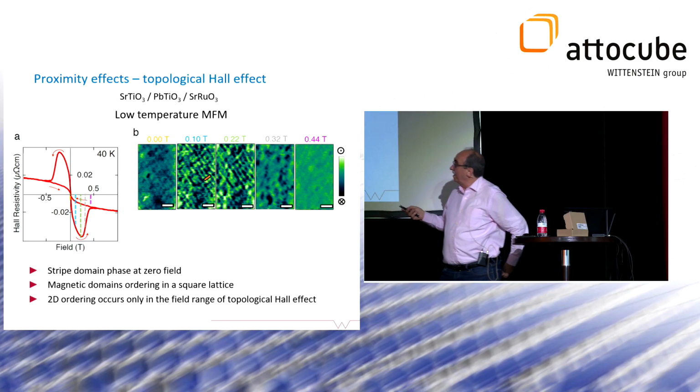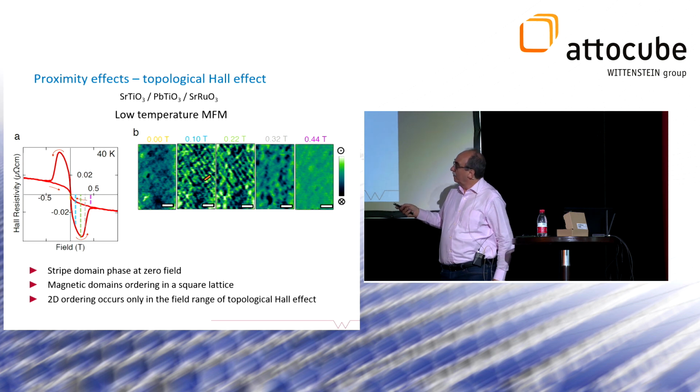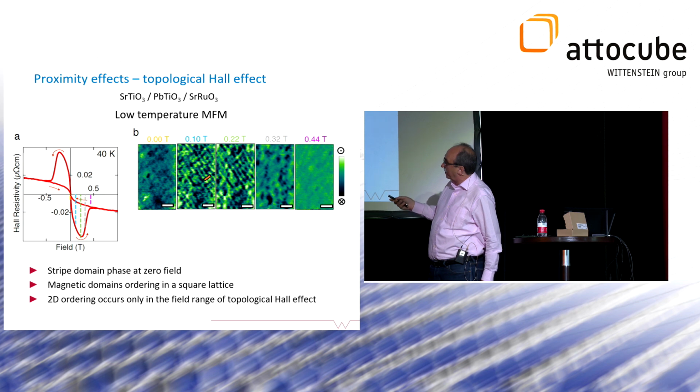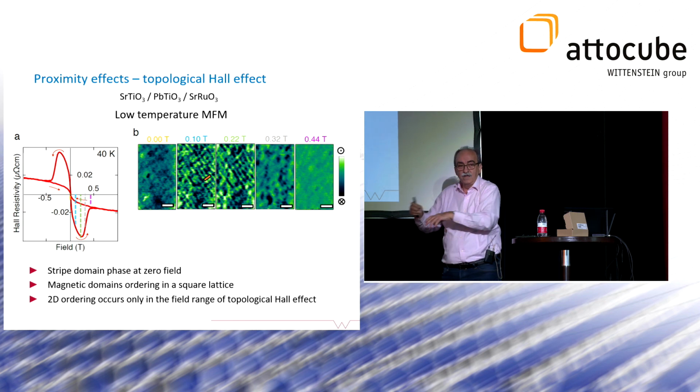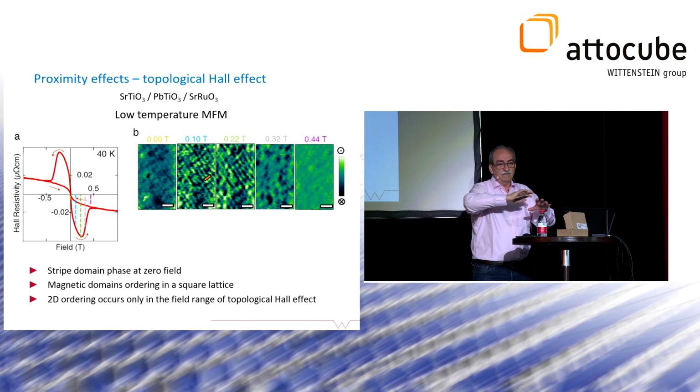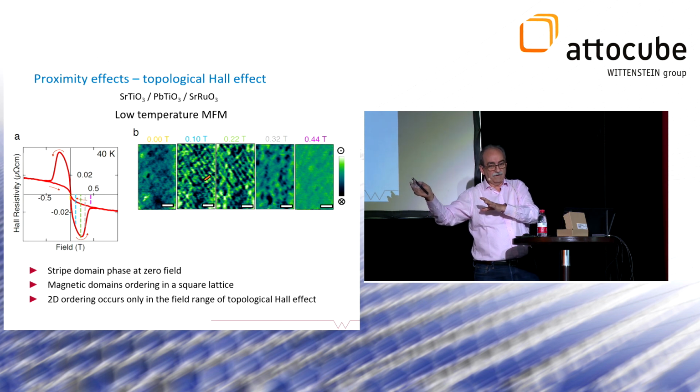You see here that at zero applied field we have a kind of structure of magnetic domains. I'm not speaking about the magnetic domains evolving, but at the very high field we have no structure, which means we have fully magnetized our film.